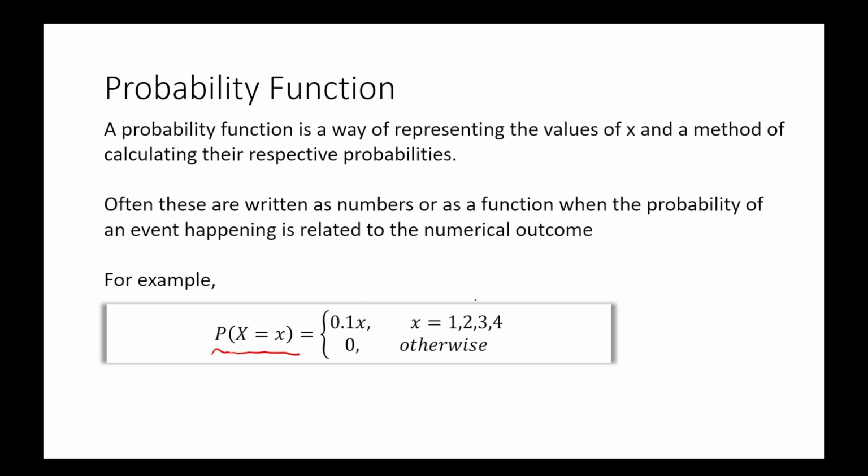Now, the values or the possible outcomes of X, so the possible outcomes of X is lowercase x. So in this particular example, the only values that we can have from this experiment are 1, 2, 3, and 4. Now, how we actually calculate the probabilities is by substituting x into this function part here.